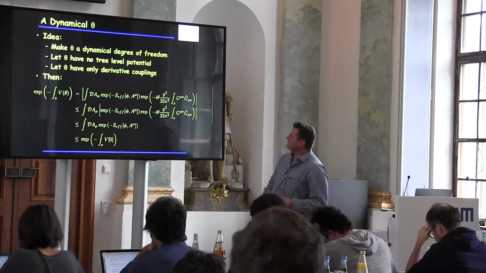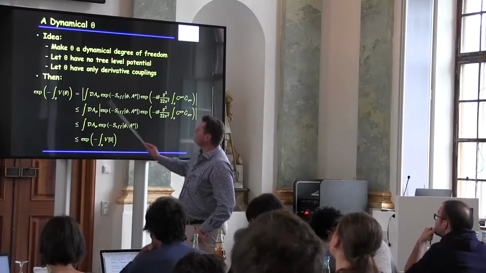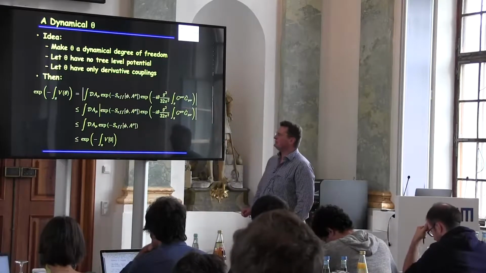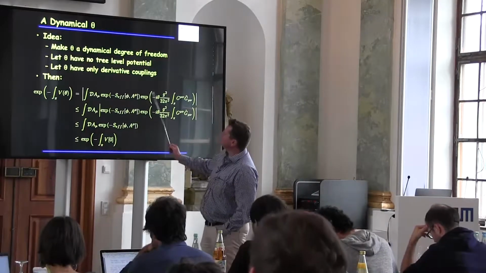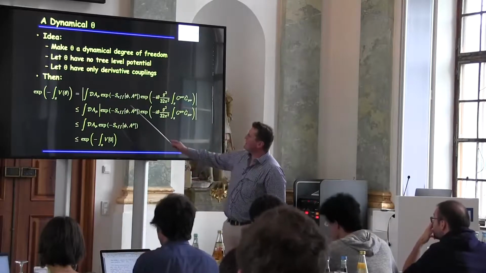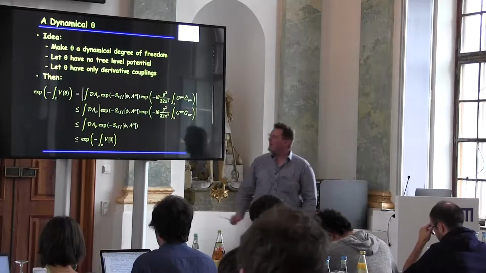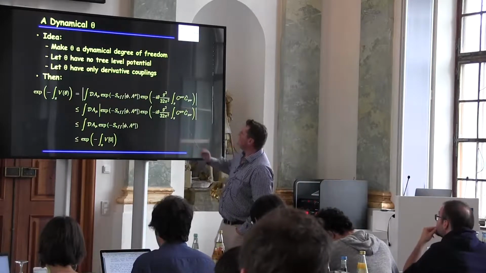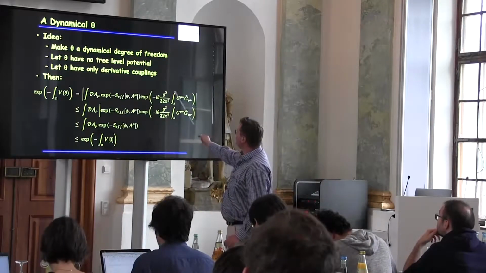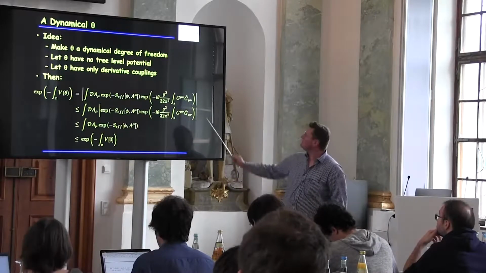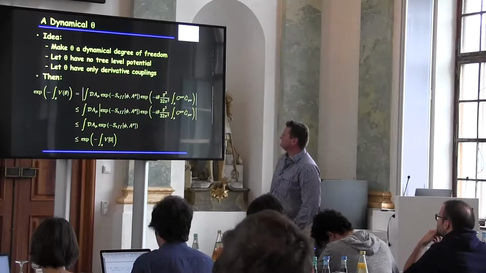Okay, and what you can do now is you can write down a path integral expression for this potential, and the path integral expression in a rather sketchy way is an integral over all the gluon fields, and then you have an action that contains basically everything except for our coupling of theta to the gluon field strength dual.